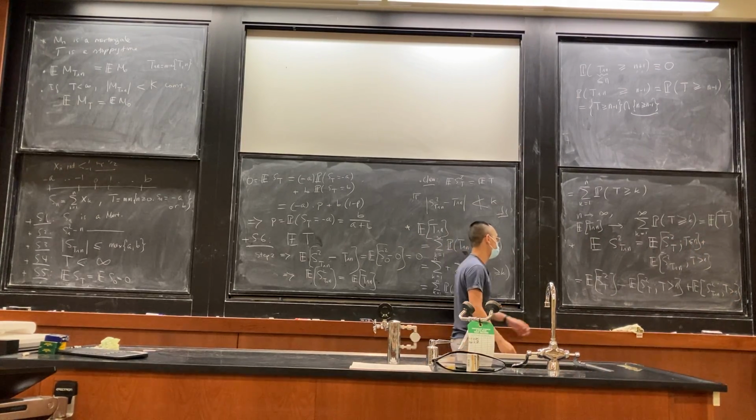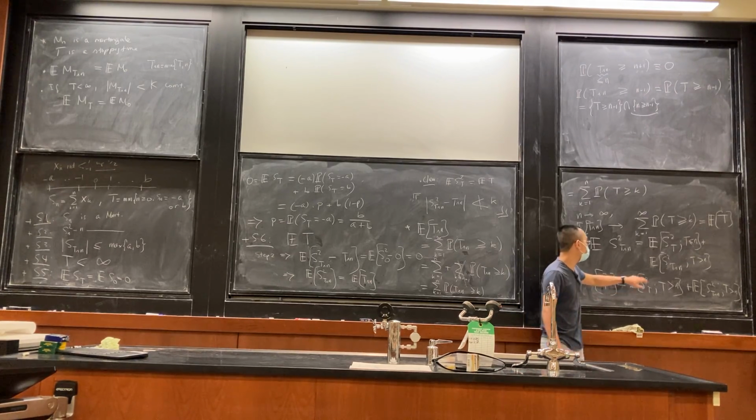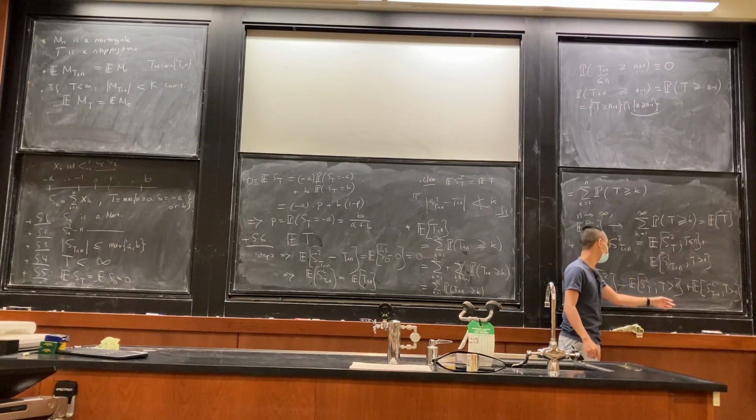This is because the mean of the S squared at the time T can be split into two pieces. One piece is when T less than N, and the other piece is when T is greater than N.